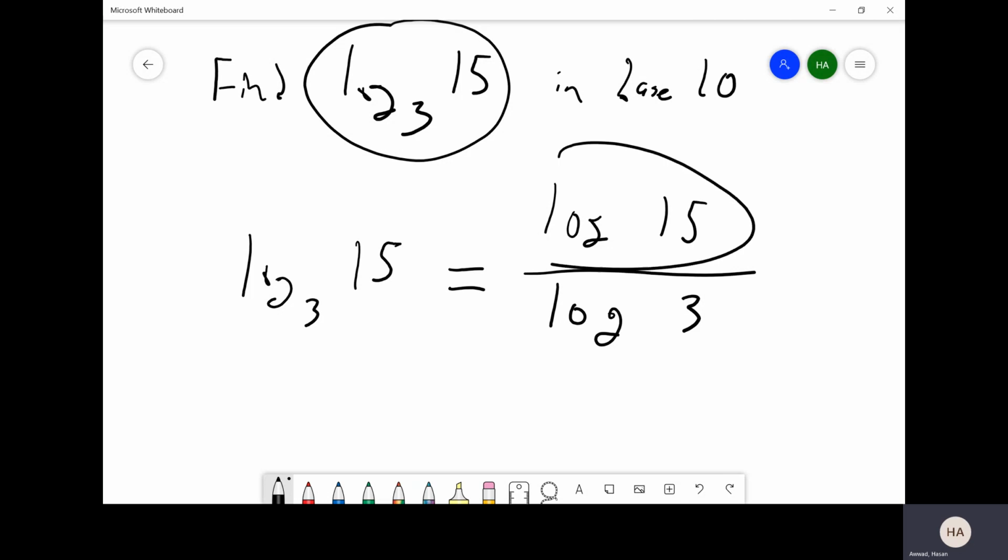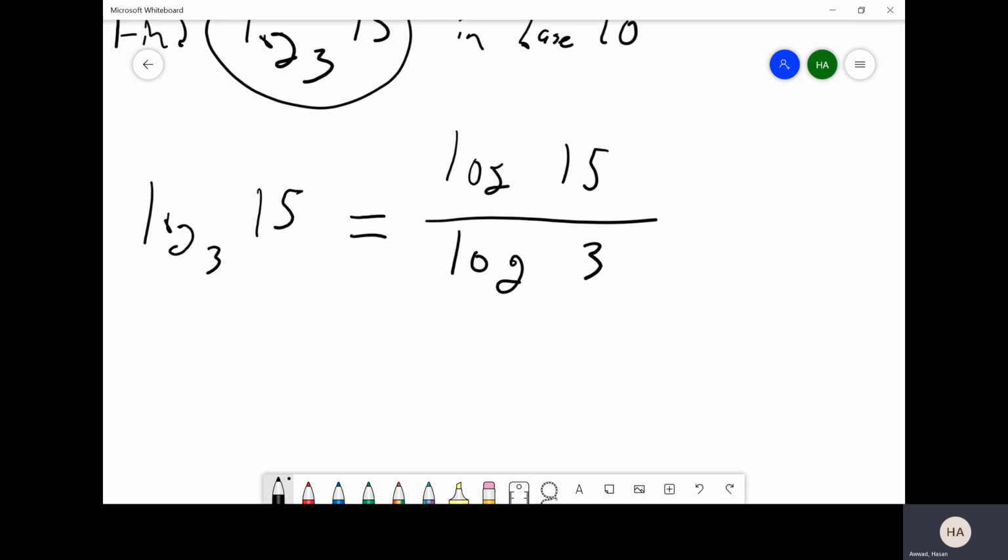And now log of 15 and log of 3 are two totally acceptable things that you can plug into your calculators. When you do that, this is approximately 2.465. It's not exact because it is irrational.